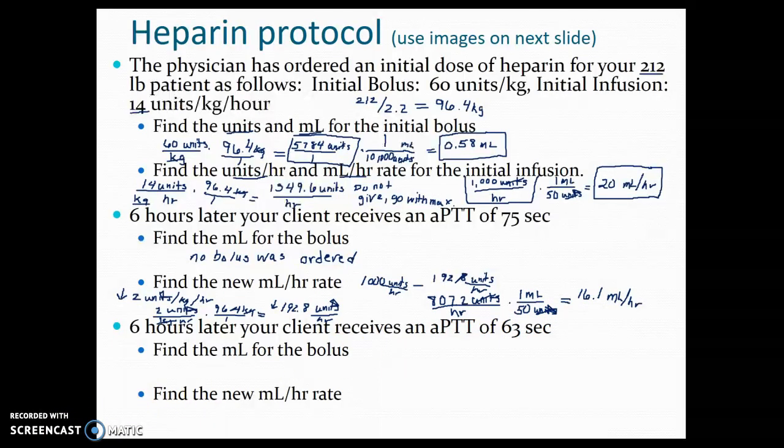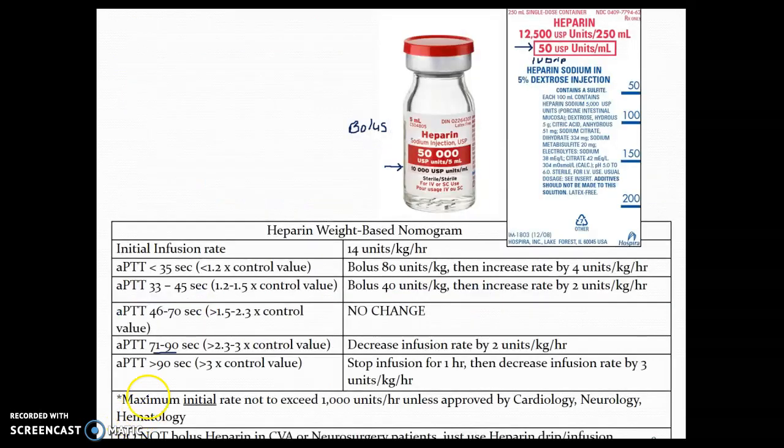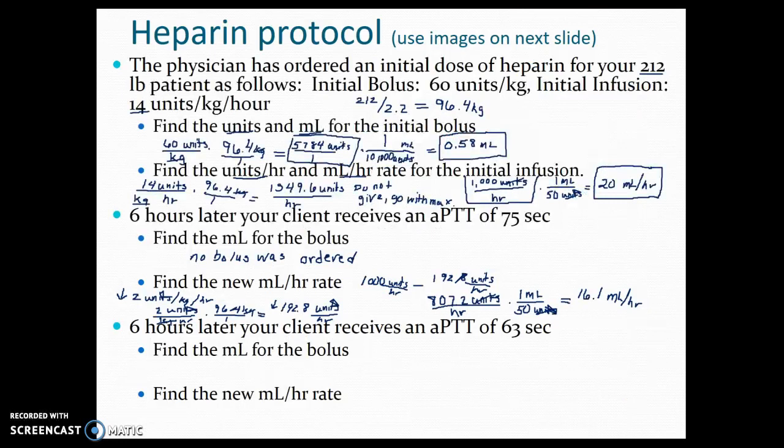So let's go look at our protocol. 63 seconds is in this range, and our direction is no change. So if we go back to our problem, find the mLs for the bolus. There's no additional bolus.